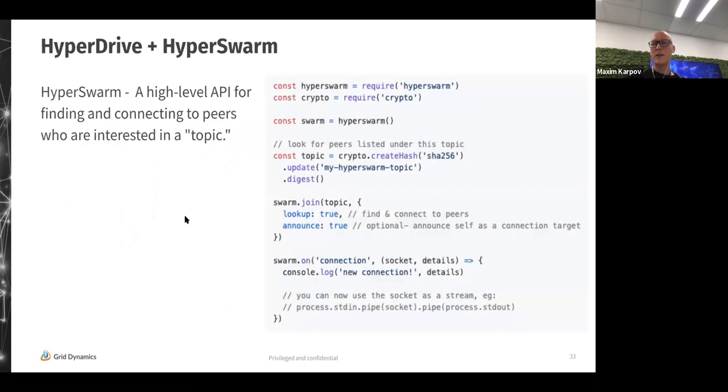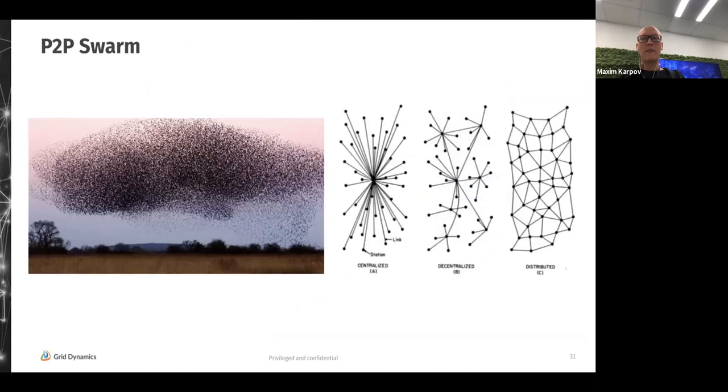So to create this structure, we offered to use a simple solution. This is HyperDrive plus HyperSwarm. HyperSwarm is a high-level API for finding and connecting to peers who are interested in a topic. So it means that the previous slide represents that kind of swarm, which is created automatically.